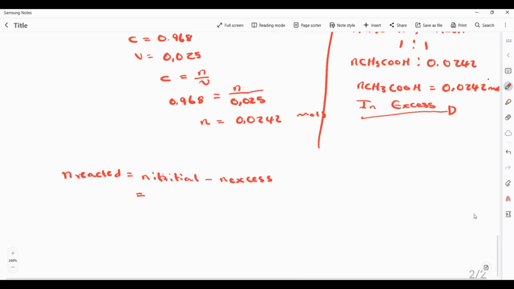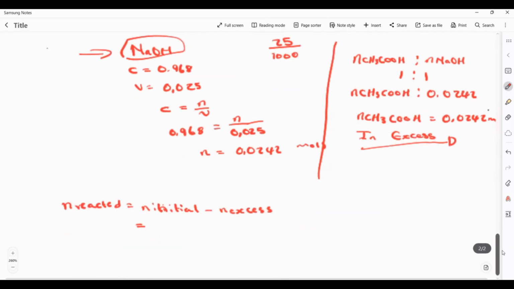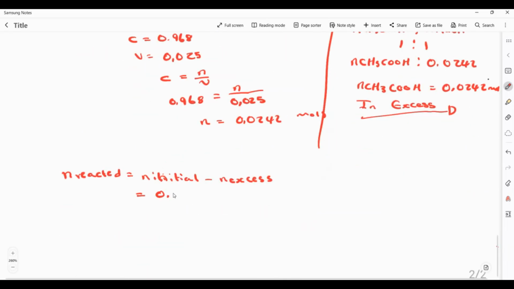So that is 0.125 minus 0.0242. What do you get? 0.1008 moles.